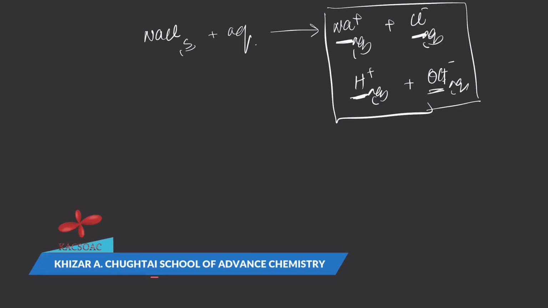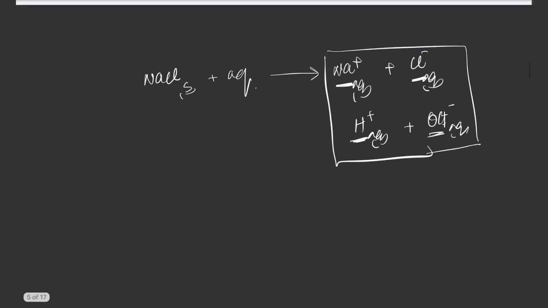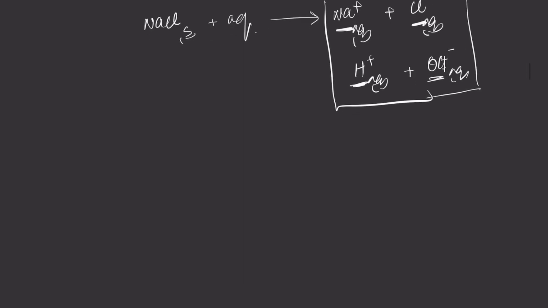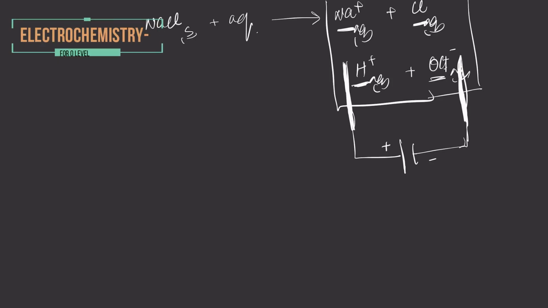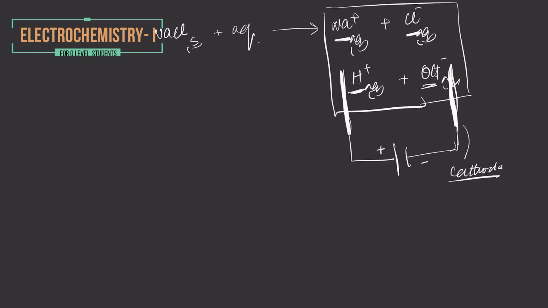When current is switched on, or when electrodes are immersed into this container, let's suppose we introduce 2 types of electrodes, one positive and the other negative. Then the positive ions will run towards the negative electrode, which is known as the cathode.